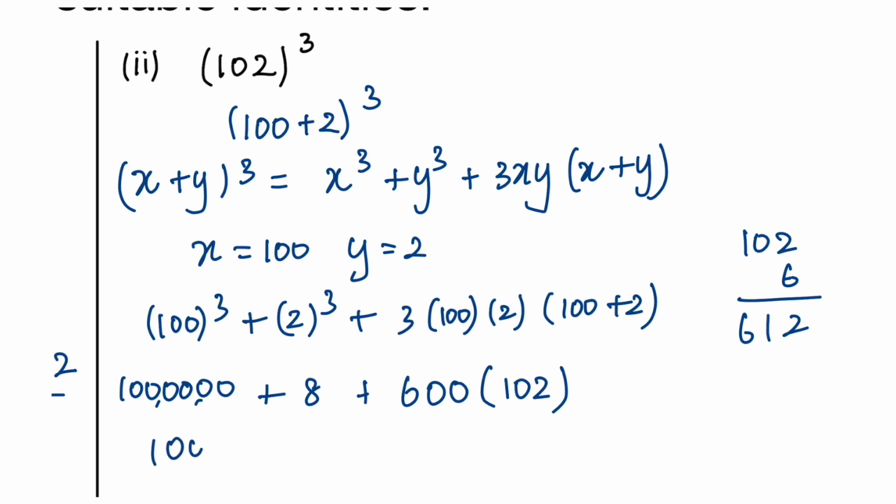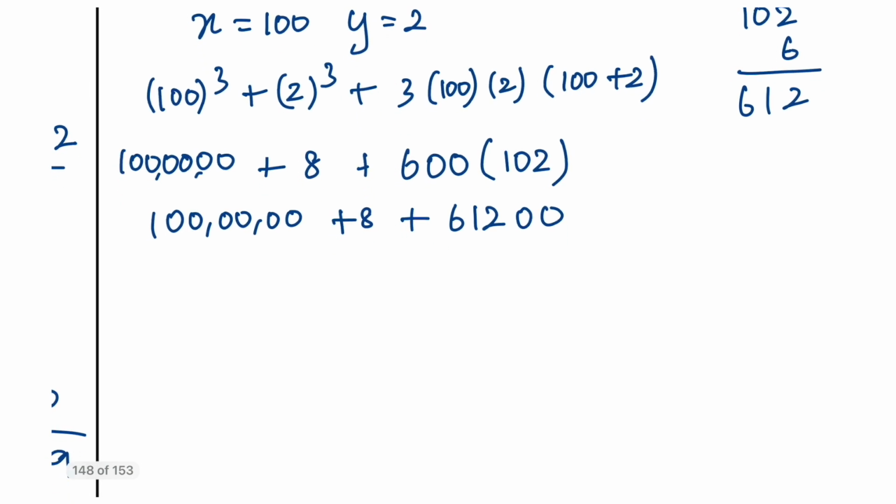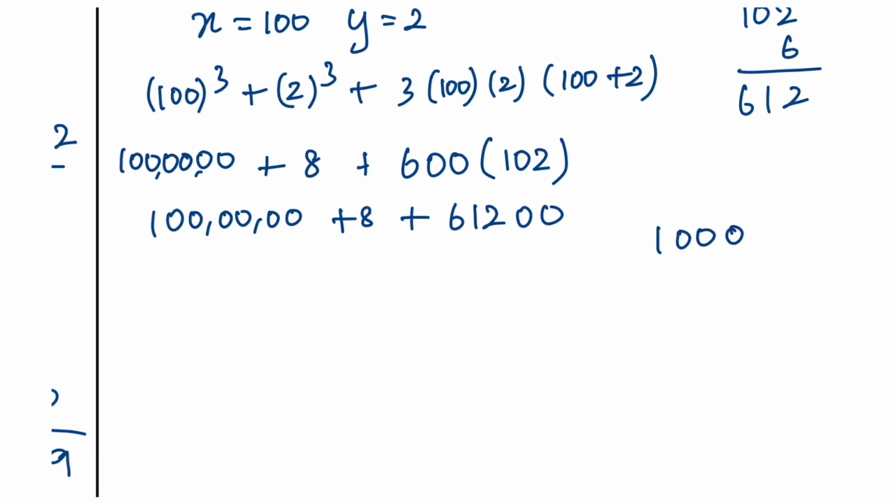So 100 cube plus 8 plus 61200. Now we are just going to add these numbers. Just be careful, please don't make any mistakes in addition here, because this is something that I frequently used to do when I was in school.